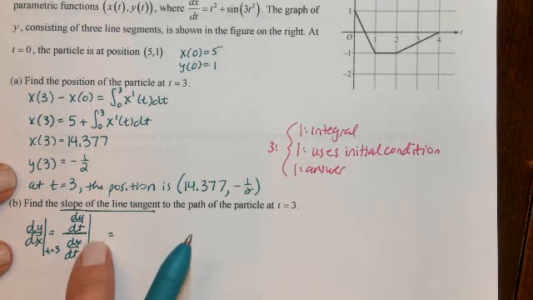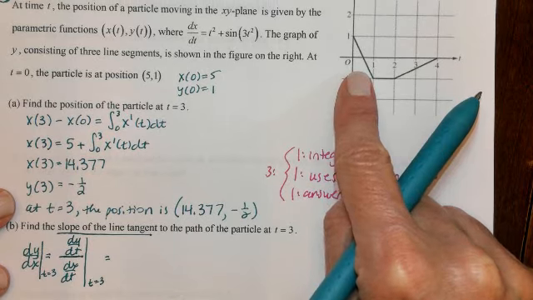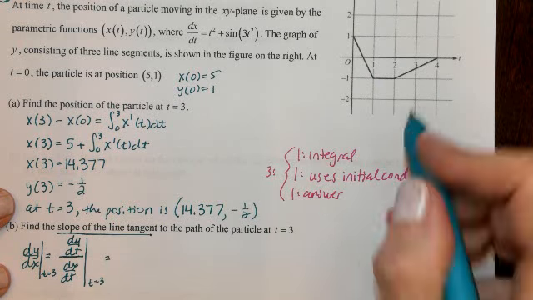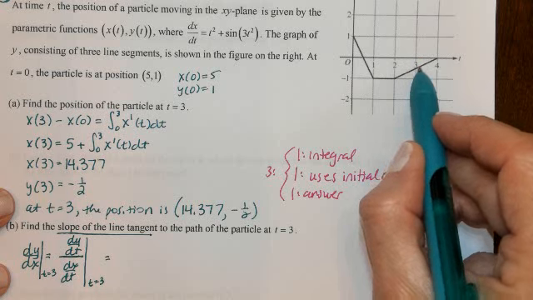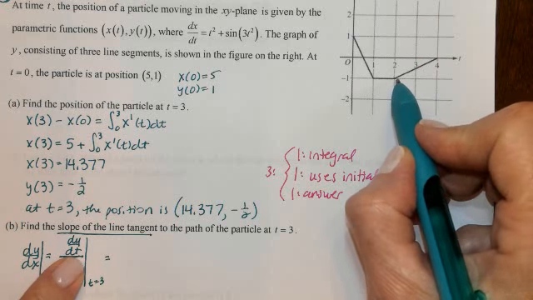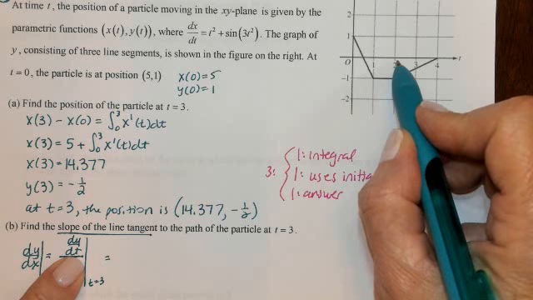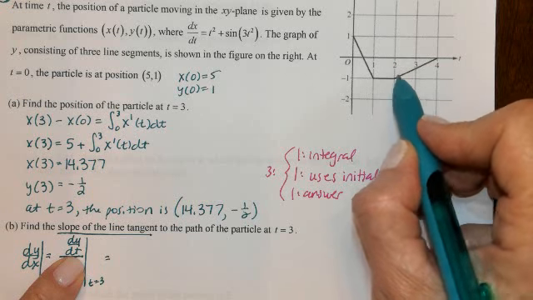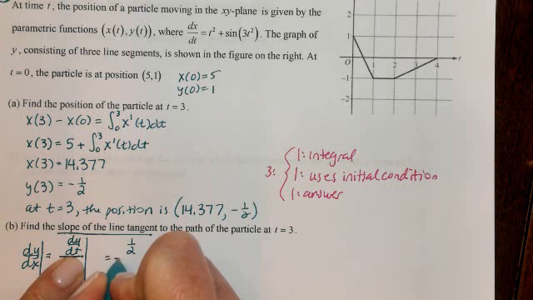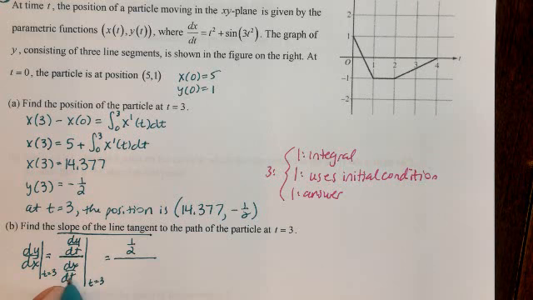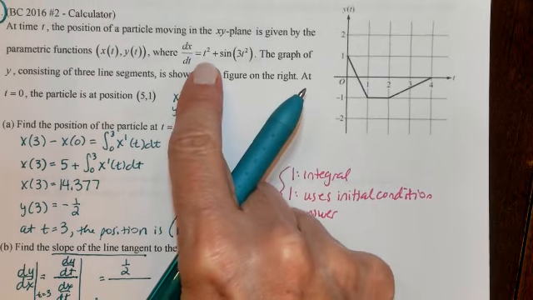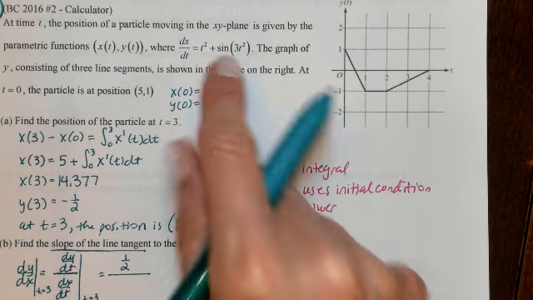dy/dt, I have the graph of y, and I need the slope of y at time 3. Well, this slope, dy/dt at 3, is up 1 over 2, right? So 1/2. That slope is 1/2. And then dx/dt at time 3, I'm going to put 3 in for t here.